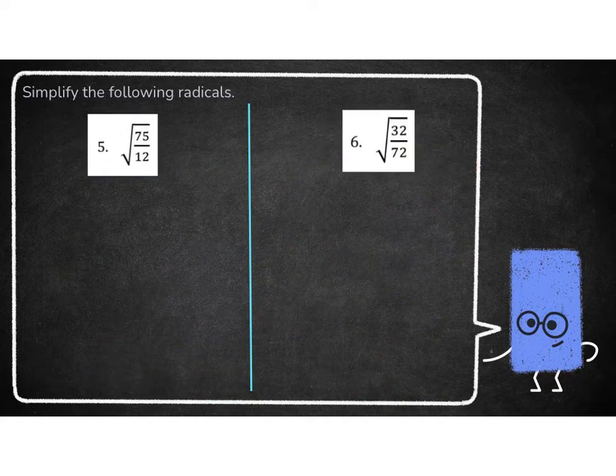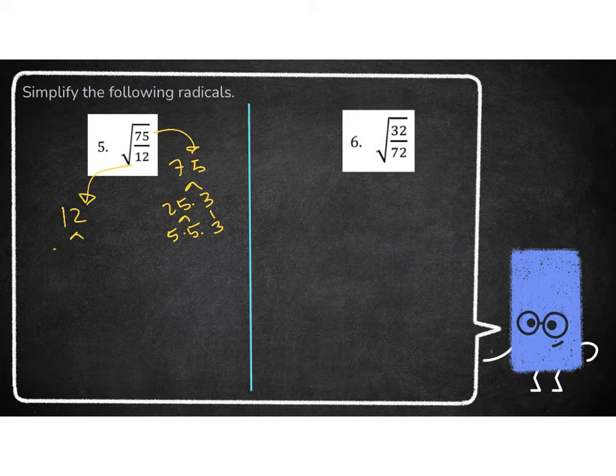All right, let's take a look at number 5. Square root of 75 times 12. We already did 75, but I kind of forget, so I'm going to do it again. It's 5, 5, and 3, I think. So 25 and 3, yeah, so 5, 5, and 3. 12 is going to be, I'll call it 3 times 4. That 3 comes down, that's a 2 and a 2.